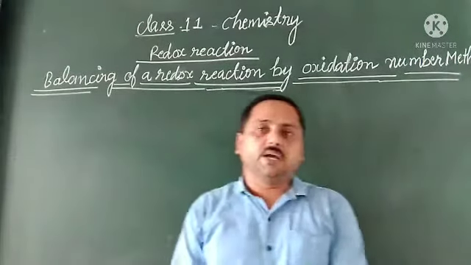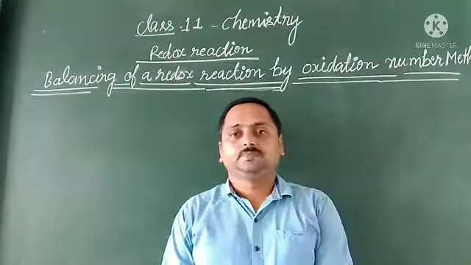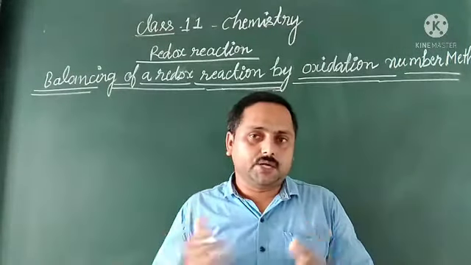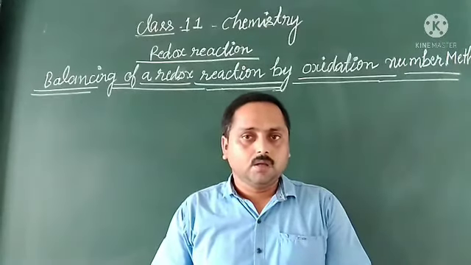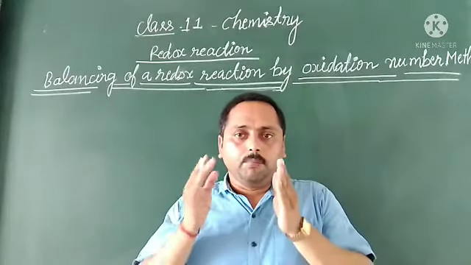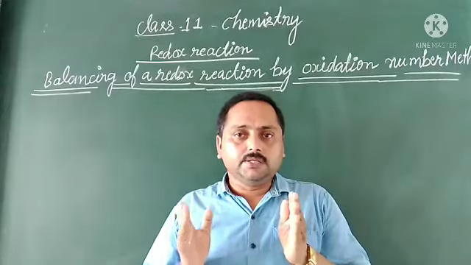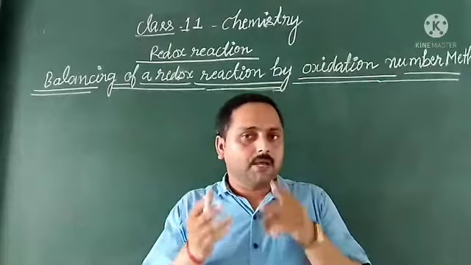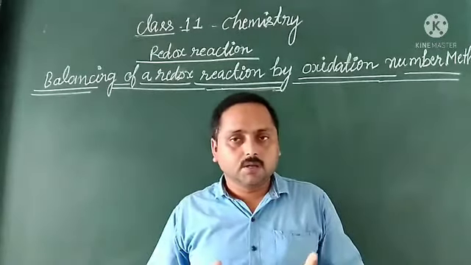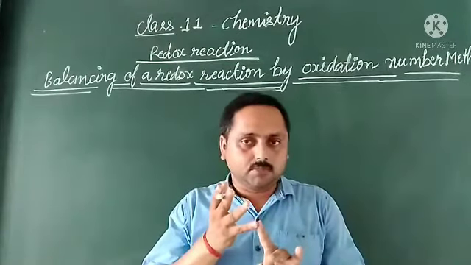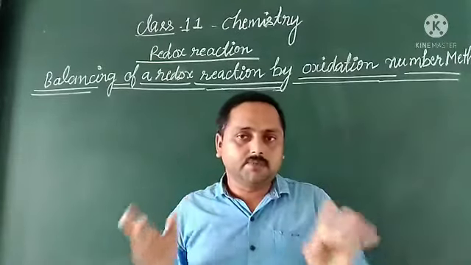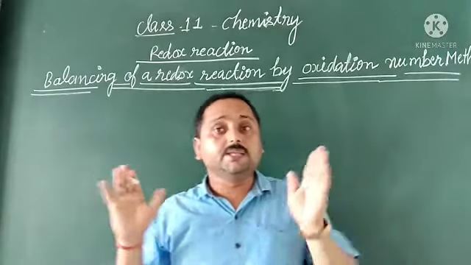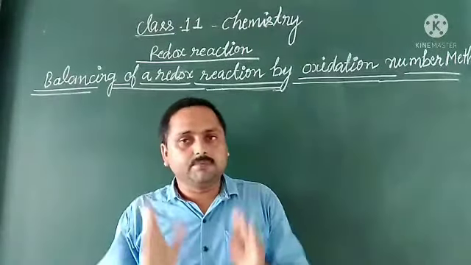Second, find out the oxidized and reduced atoms. Third, make the change in oxidation number equal, by multiplying with a suitable number, so that the increase in oxidation number must be equal to the decrease in oxidation number. For that we have to multiply.